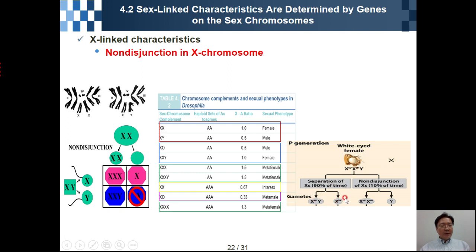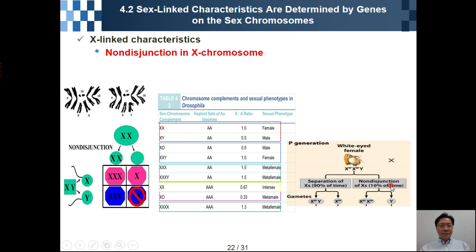But sometimes, 10% of the time, one gamete will be X^W X^W and the other gamete will be Y. So these are some characteristics of the X chromosome in Drosophila. Non-disjunction happens around 10%.